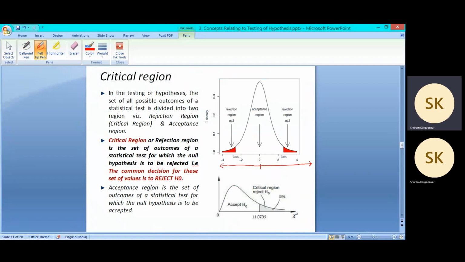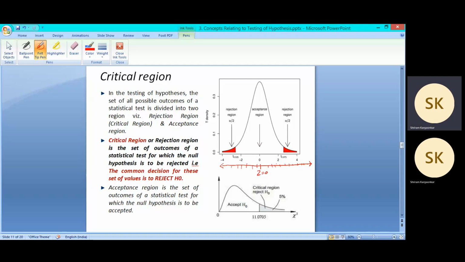This is 0. The entire set of values on this number line is divided into two parts. In one part, the null hypothesis is accepted, and in the remaining portion, our claim is rejected.